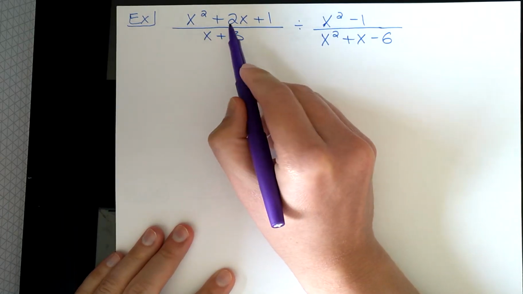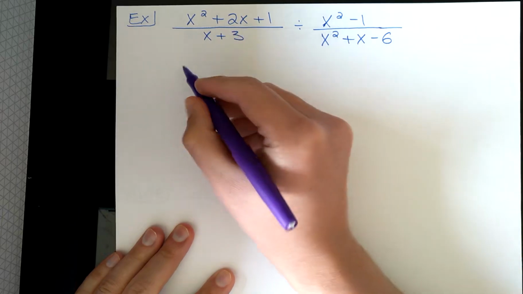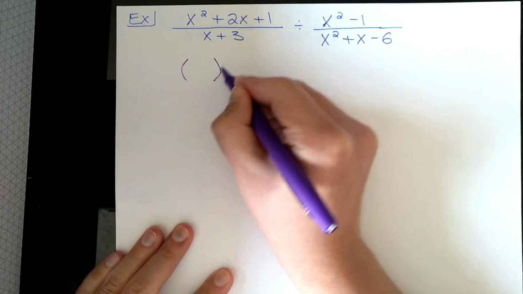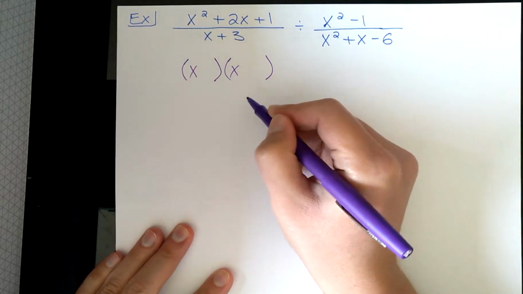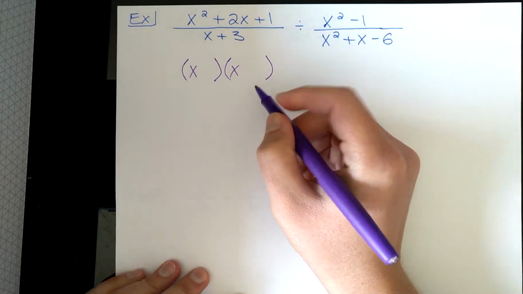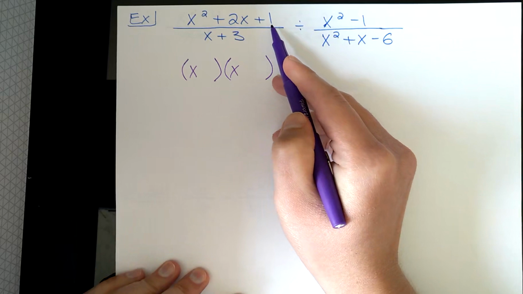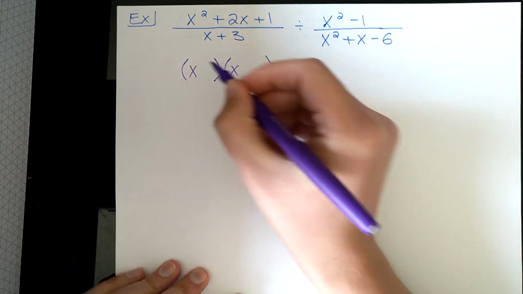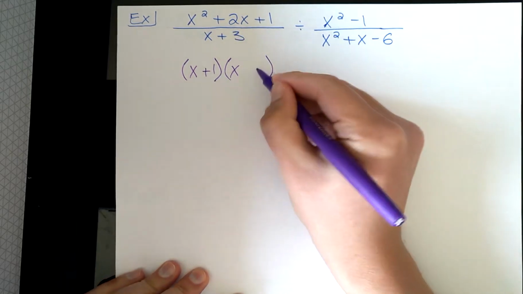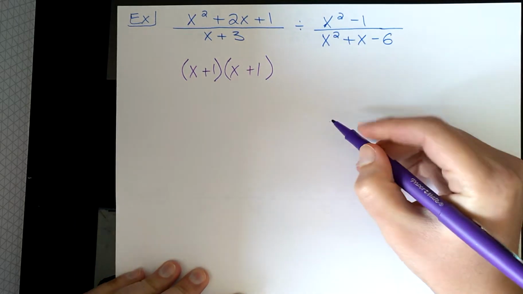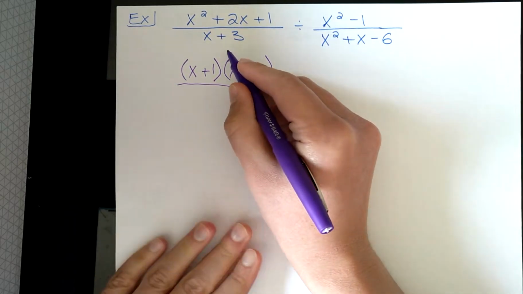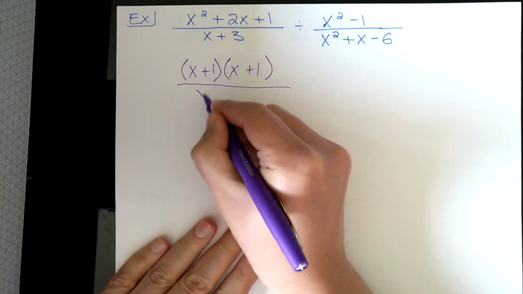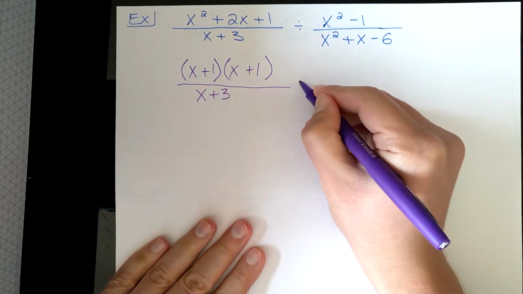Starting with x squared plus 2x plus 1, we can factor that using guess and check again. We need two numbers that multiply to give us 1 and add up to give us 2. That's just 1 and 1. The denominator does not factor, so we'll just leave that x plus 3.